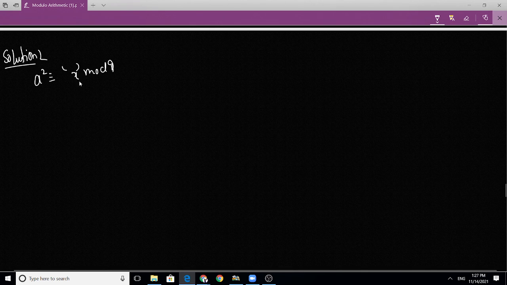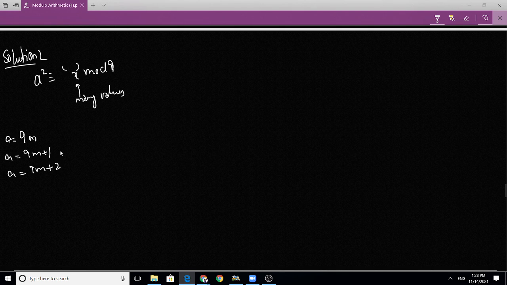So here x can have many values, and I need to find what the possible values of x are. So a can be in the form 9m, 9m plus 1, 9m plus 2.